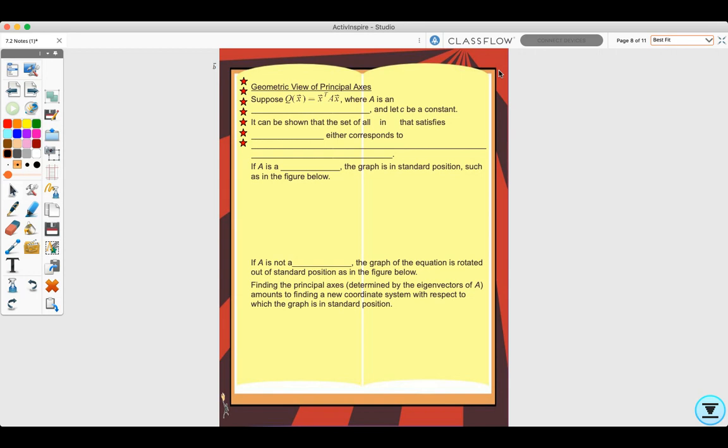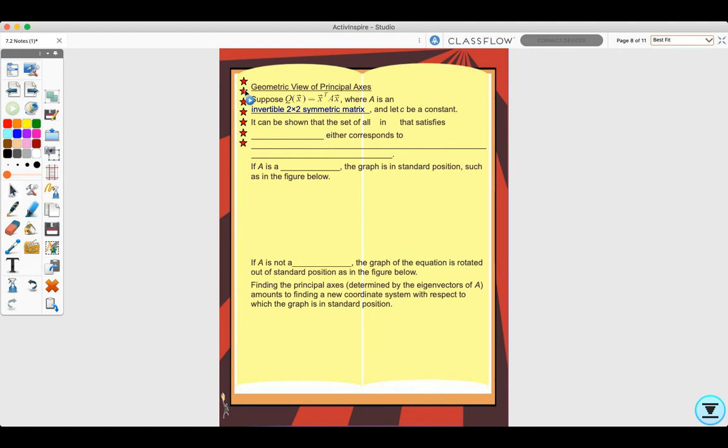So a geometric view of principal axes. Suppose Q of x equals x transpose Ax, where A is an invertible 2 by 2 symmetric matrix, and let c be a constant.